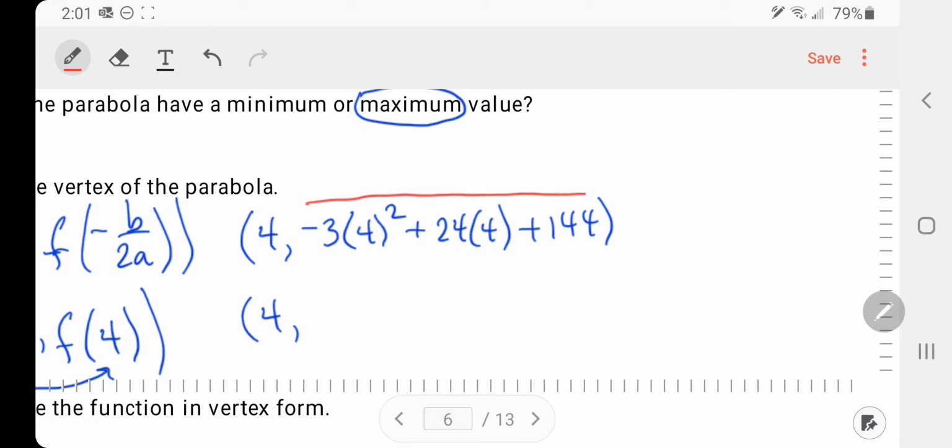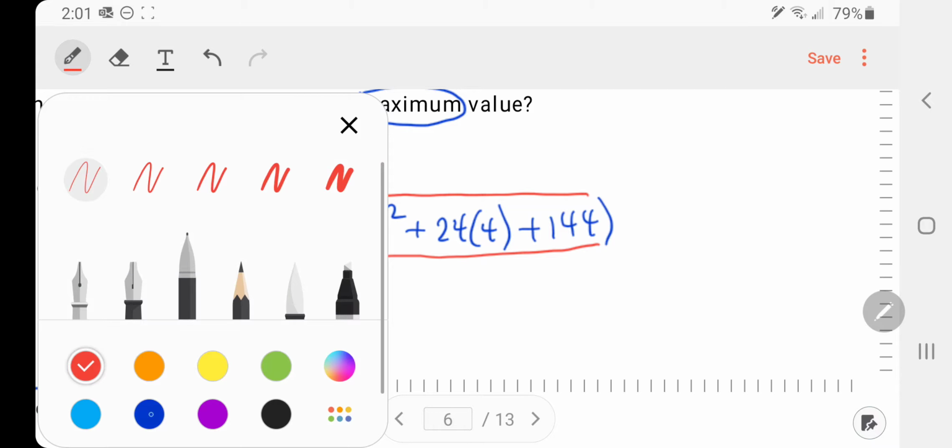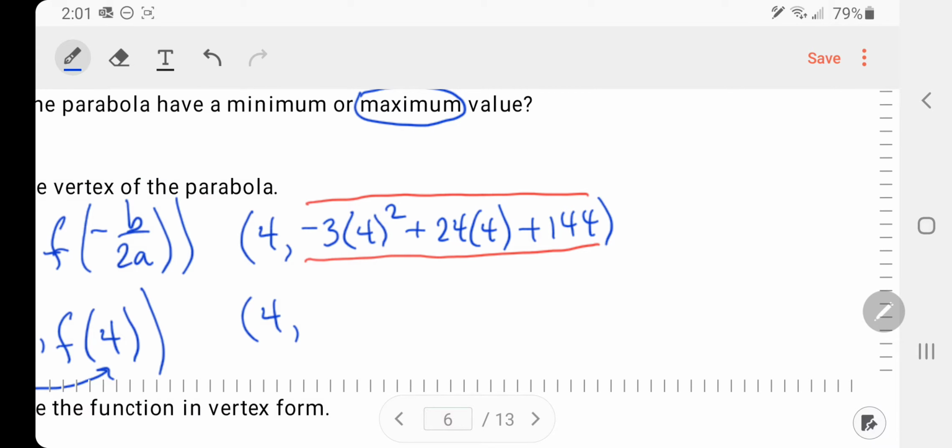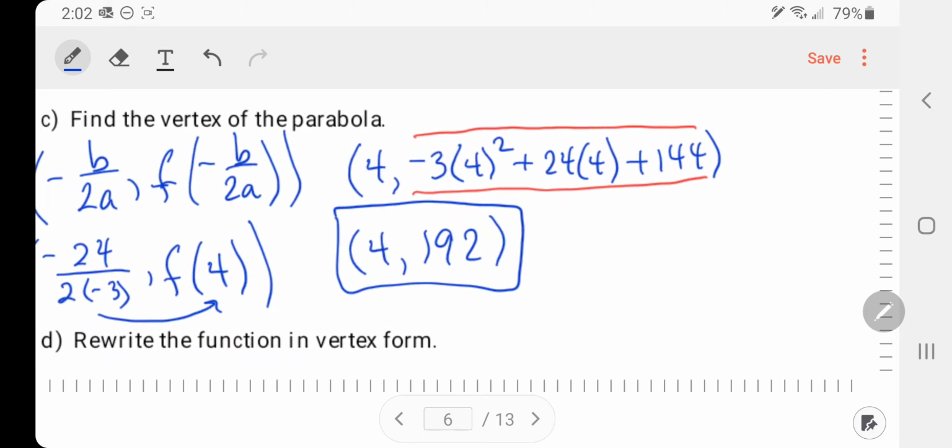From here to here, all of this red stuff goes in the calculator. All right, here we go. In the calculator, we've got -3 times 4 squared, plus 24 times 4, plus 144. Geez, that's big. 192. But that's the vertex. Can't help it.